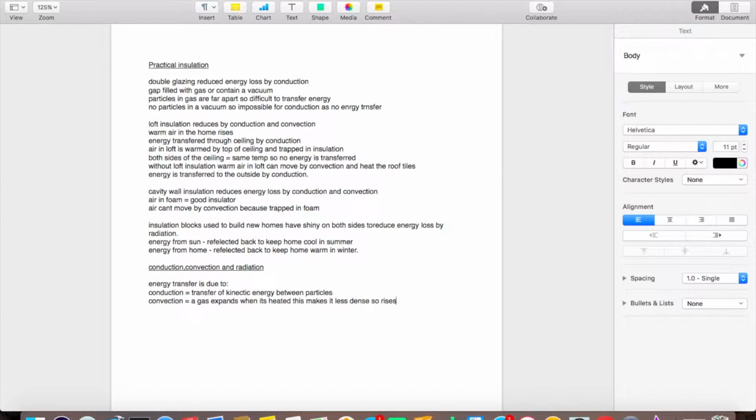The unit of density is kilogram per metre cubed. Density equals mass divided by volume, which is an equation.